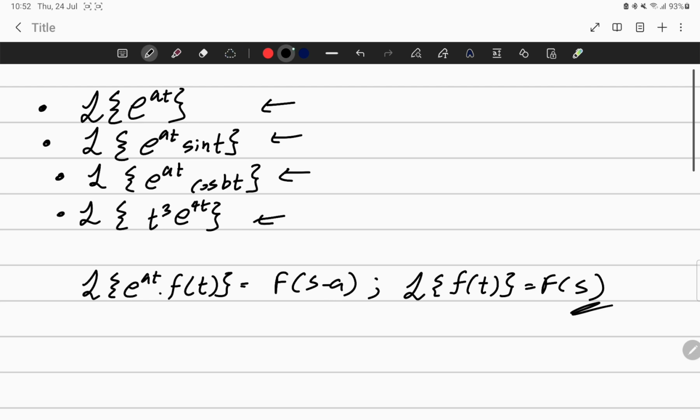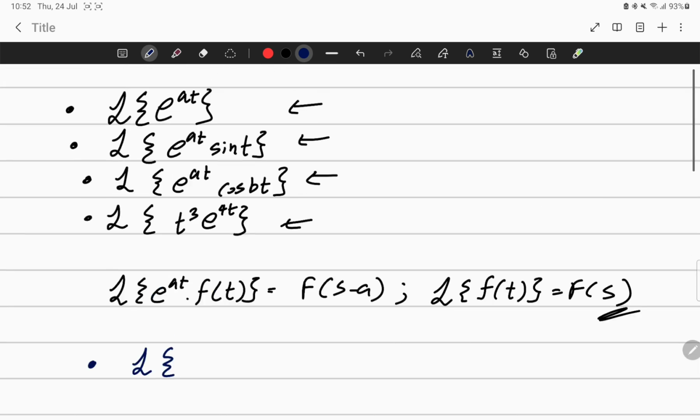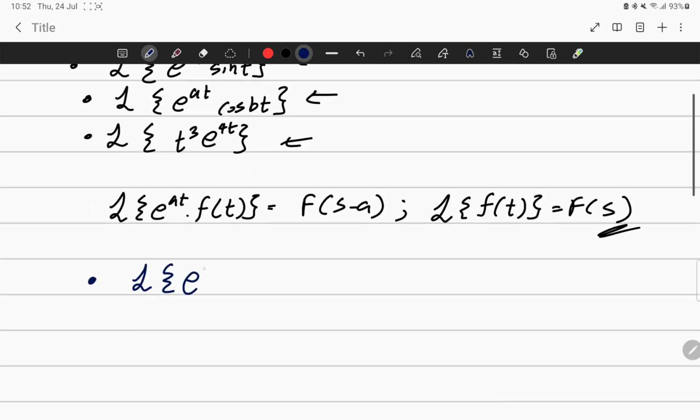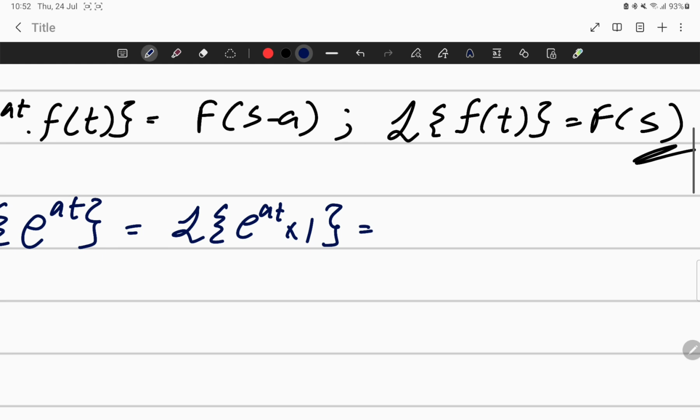So let's take the first example, the Laplace transformation of e to the at. I'm going to write this as the Laplace transformation of e to the at times 1. So here I have to find the Laplace transformation of 1 first.